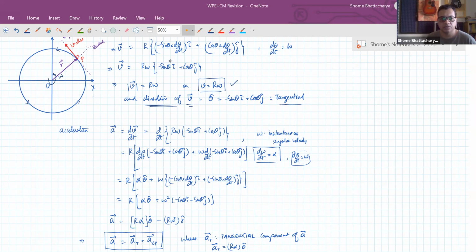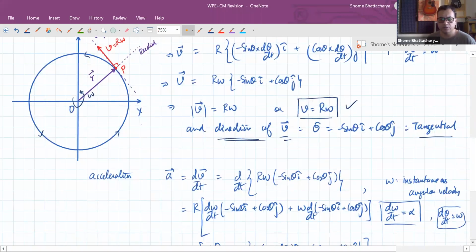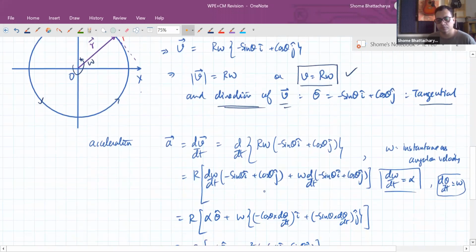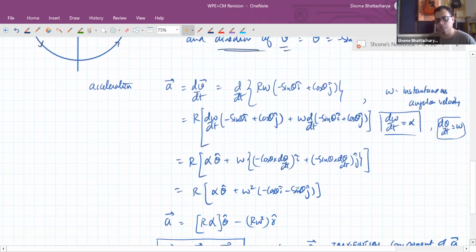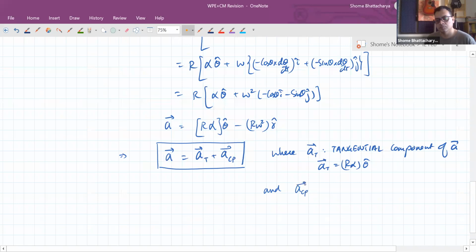Right. So along with the tangential component of acceleration, the other component we have is called the centripetal component. Because it points towards the center. So that's what the term centripetal means.